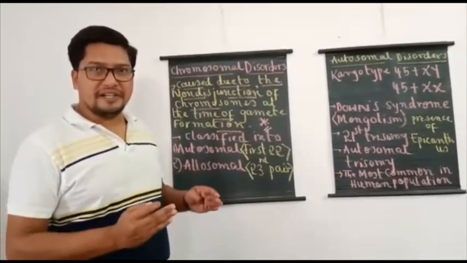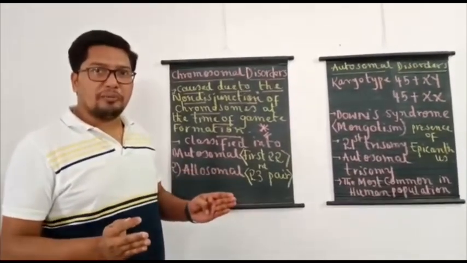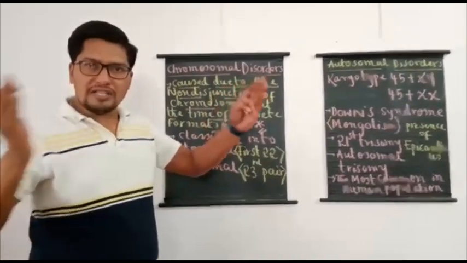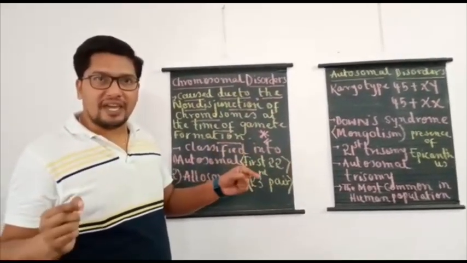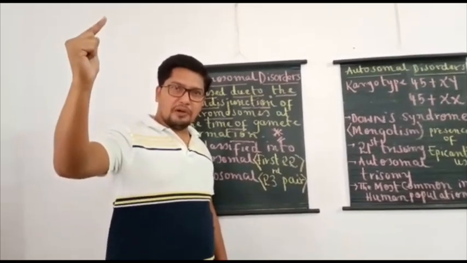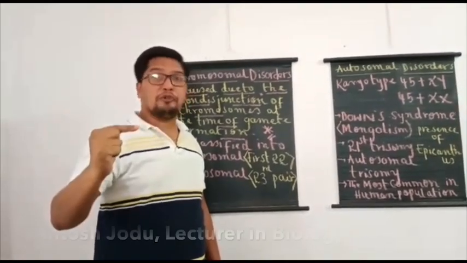It is very clear: at the time of gamete formation, a pair of chromosomes segregate or separate in such a way that each gamete receives one copy of chromosome from the pair.